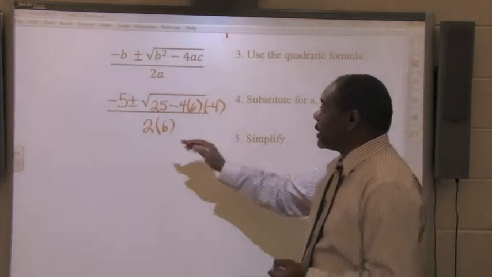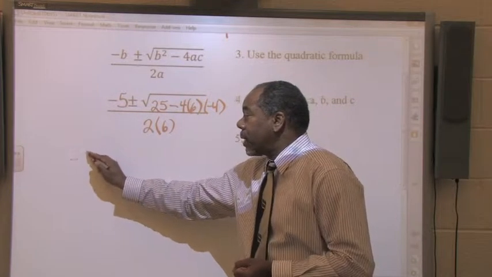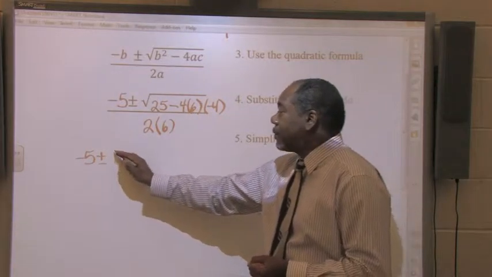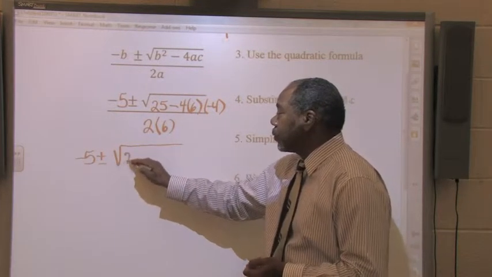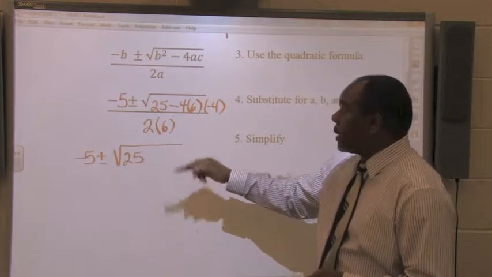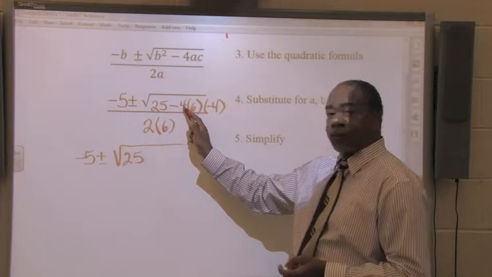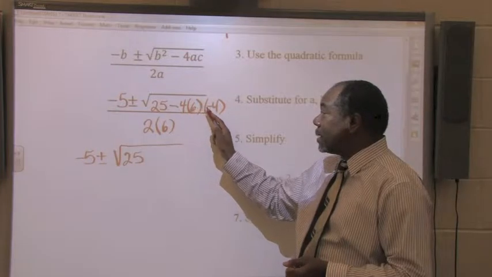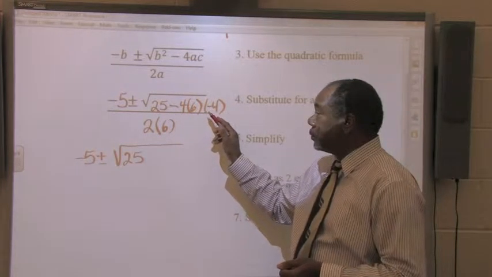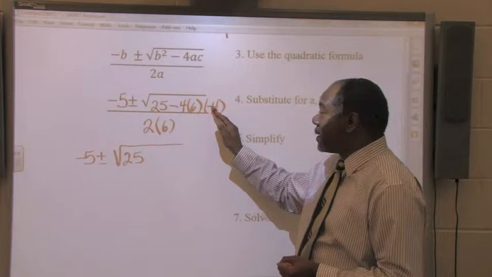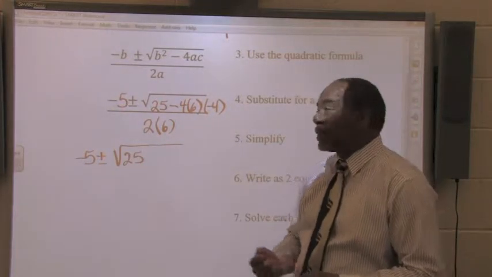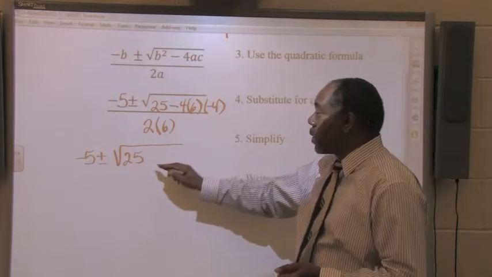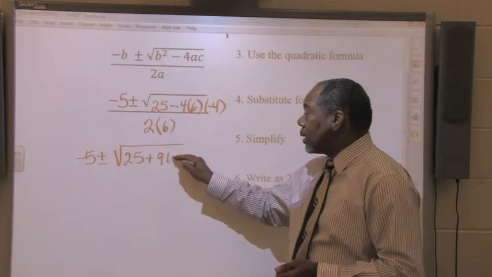So what I'm going to do is simplify this. I'm going to start off with my minus 5, plus and minus. I have the square root of 25. Now what you're doing here, notice you have a minus 4 times 6, which is 24, times a negative 4. That minus sign and that negative ends up making that a positive. So 4 times 6 is 24. 24 times 4 is 96.